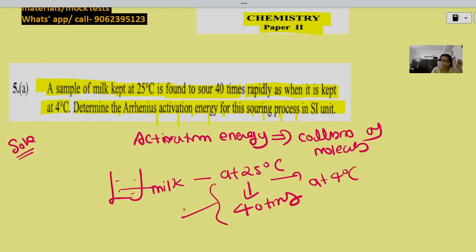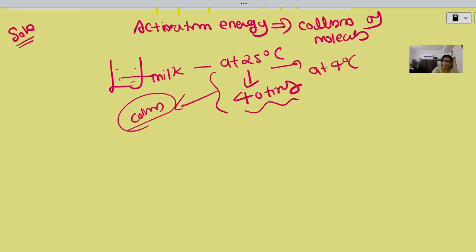So here the number of collisions also increases because the reaction increases; the sourness is 40 times increased. Okay, 40 times. Now how to find the activation energy? We can find the activation energy with the help of the formula.